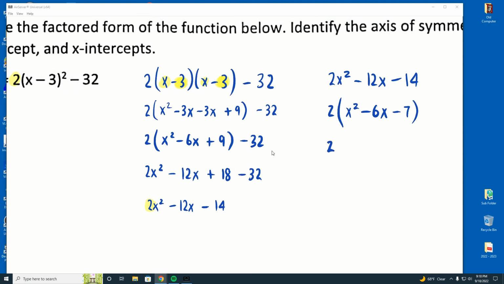Now, you can ignore the 2. It's just not important. Why do I say it's not important? Well, because it doesn't have a variable. So here are the factors that are really important. We're going to break x squared minus 6x minus 7, which has an a value of 1, down into 2 binomials. So x times x gives me x squared.